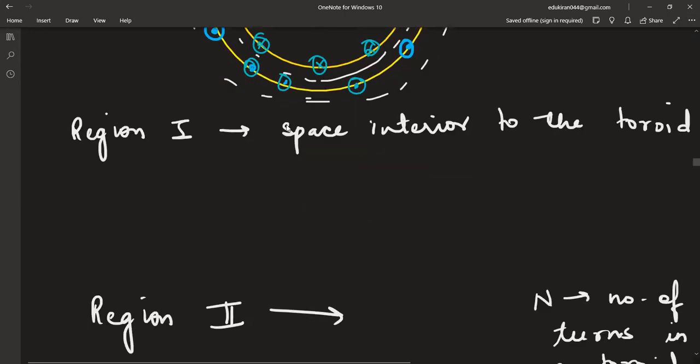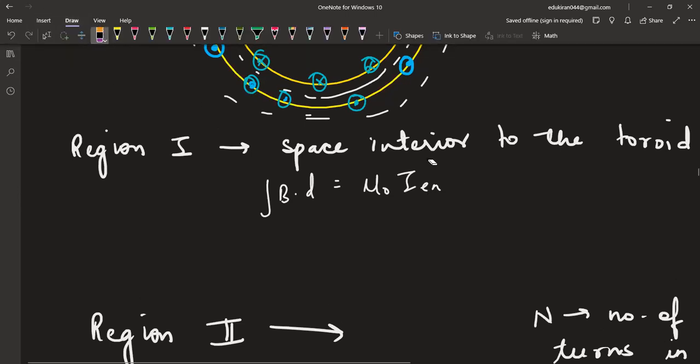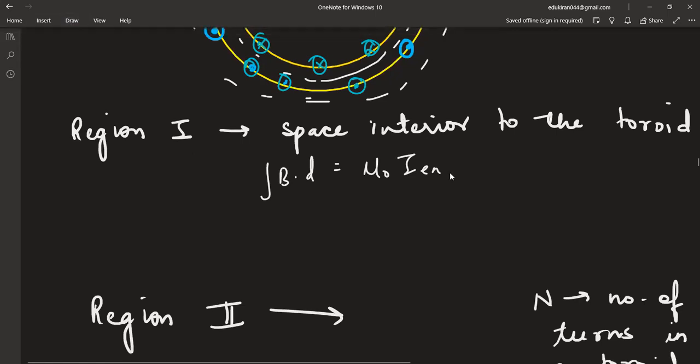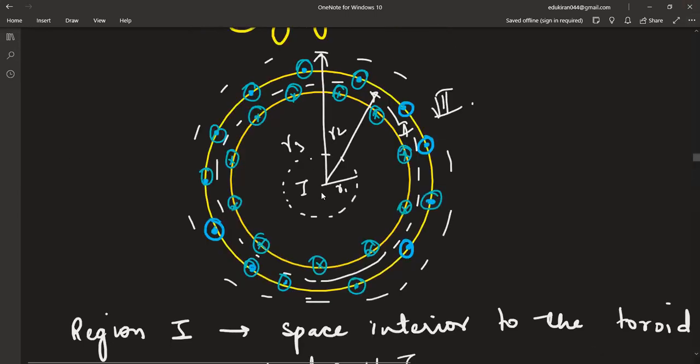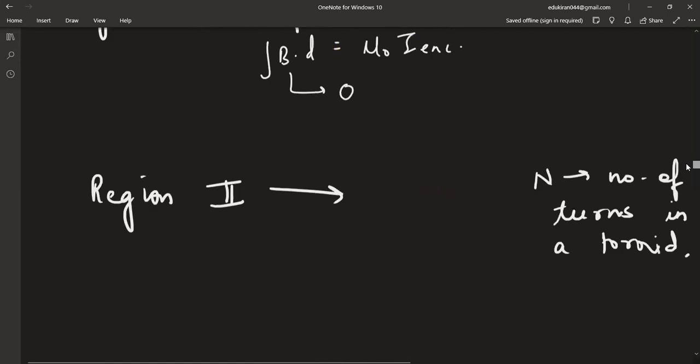Now when we talk about the space interior to the toroid, closed integral B dot dl is equal to mu naught I enclosed. Look here, the magnetic field is not present in the first region. The magnetic field is there only in the second region, not in the third and not in the first.